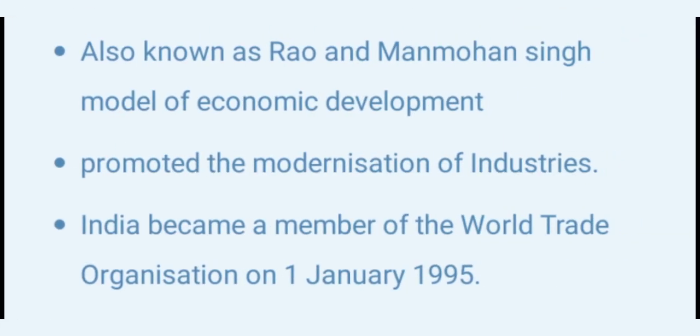8th Five-Year Plan 1992 to 1997, also known as the Rao and Manmohan Singh model of economic development, promoted the modernization of industries. India became a member of the World Trade Organization on 1st January 1995.